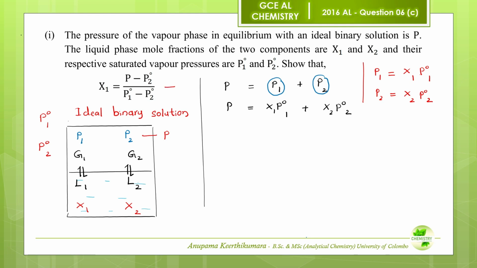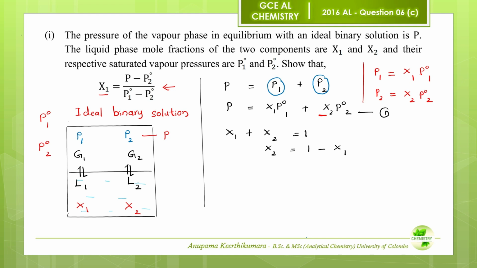In this expression, we can see x1 but x2 is not present. Therefore, we need to remove x2 from this expression. x1 plus x2 equals 1. Therefore, x2 equals 1 minus x1.